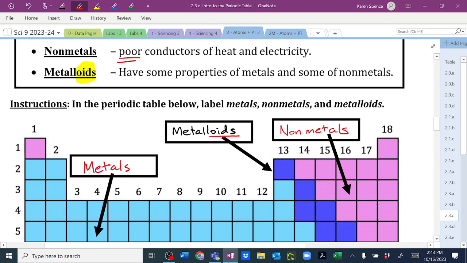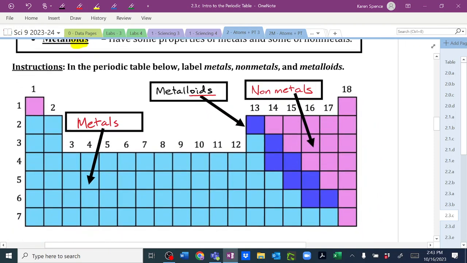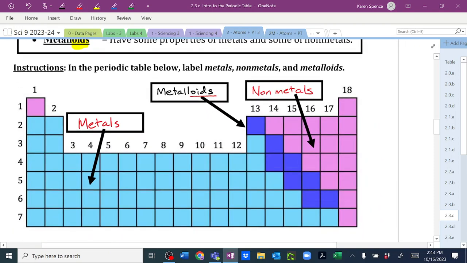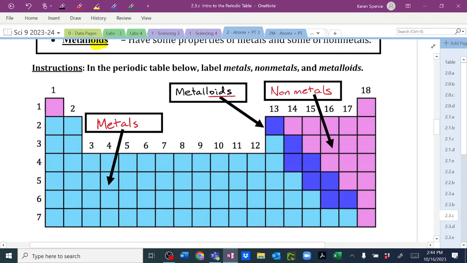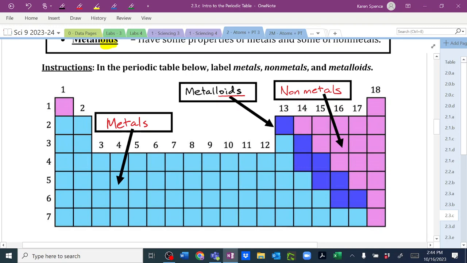Now there should be one little element that is sticking out like a sore thumb here. Which element looks like it doesn't belong where it is? The one at the top left, right? Hydrogen. Even though it's on the left and sort of slotted in with all the metals, it's actually a nonmetal.